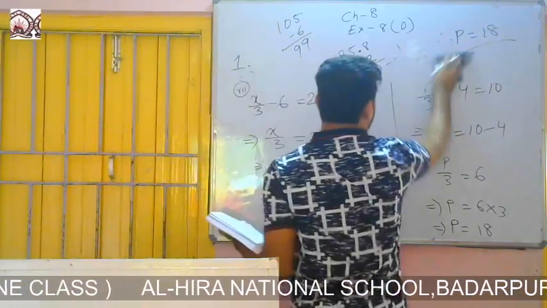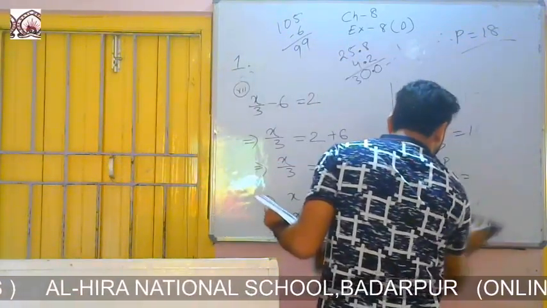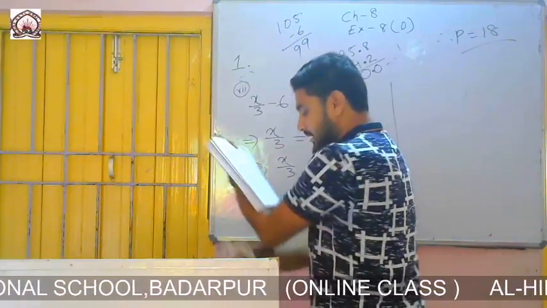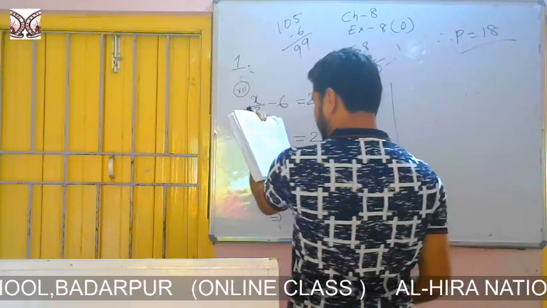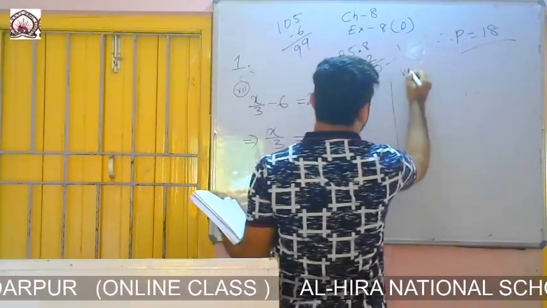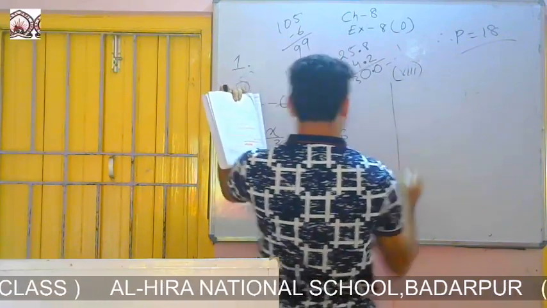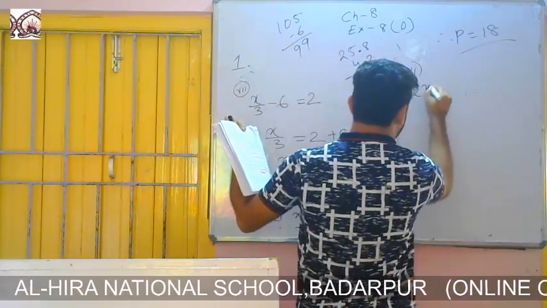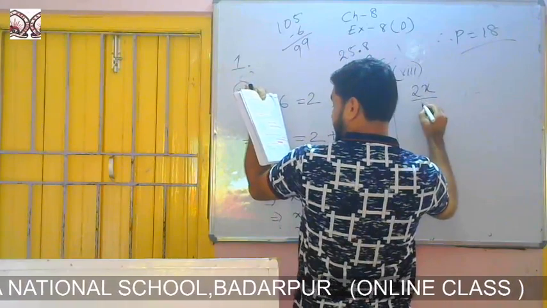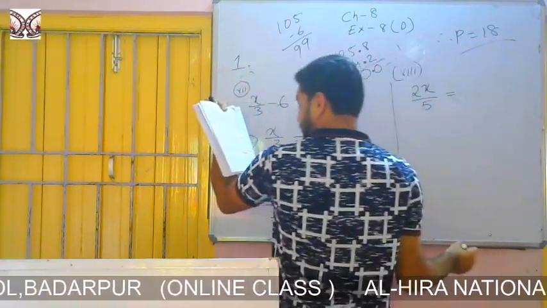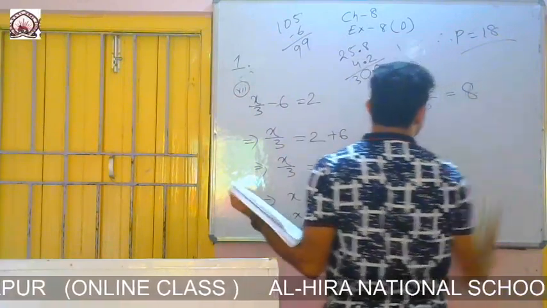Now come to question number 8. You see the question first. 2x by 5 equals 8.